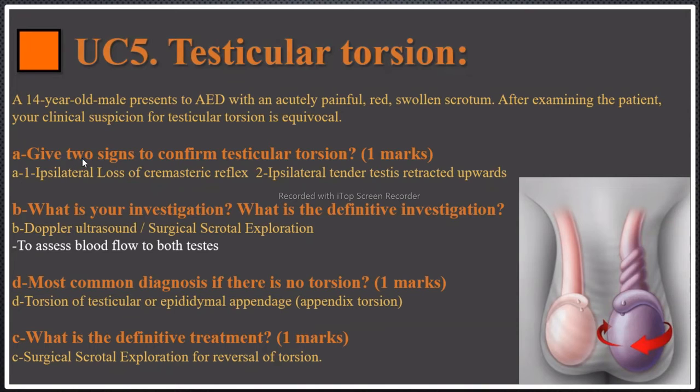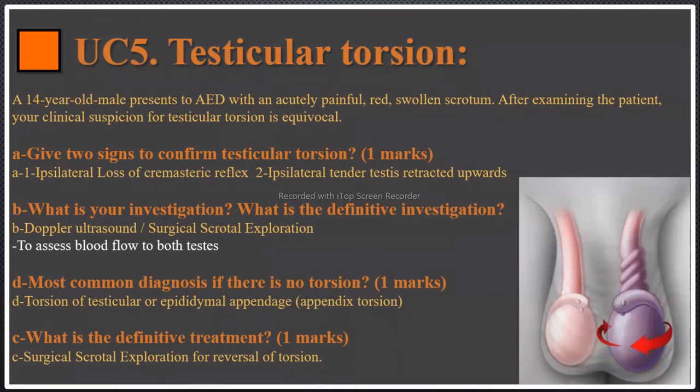So there are two signs to confirm testicular torsion. If you find in the scenario ipsilateral loss of cremasteric reflex, choose it. If you find an ipsilateral tender testis retracted upwards, choose it. What is the definitive investigation? The initial investigation in the ER is Doppler ultrasound to check the blood flow to the testis, but the definitive investigation is surgical scrotal exploration. What is the definitive treatment?